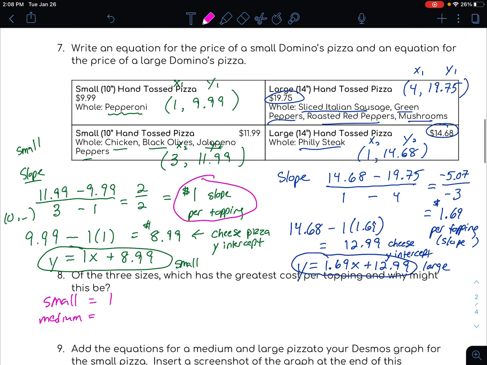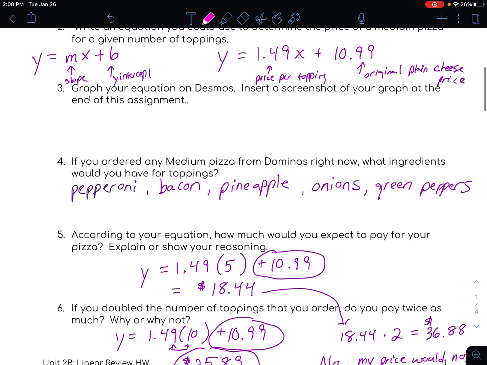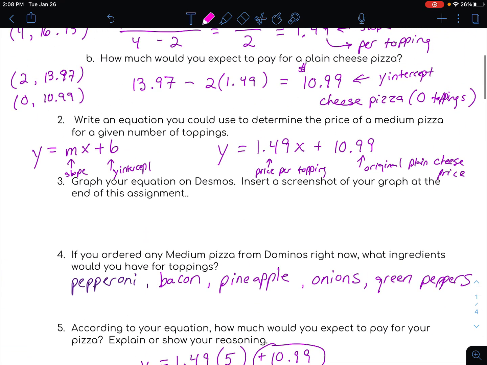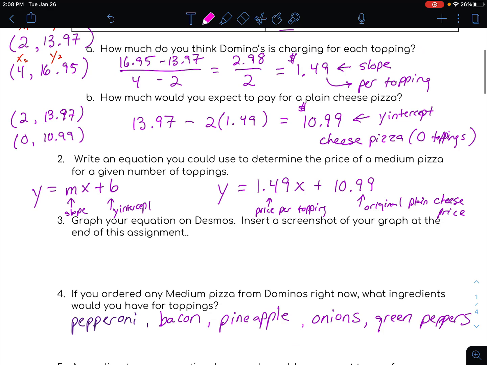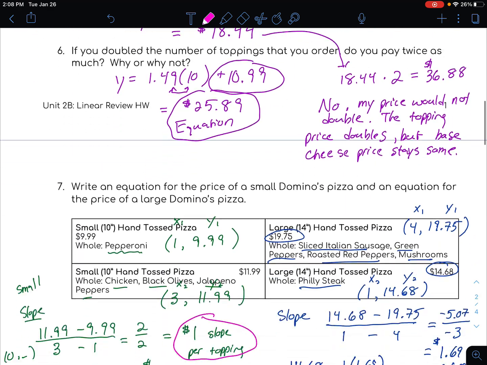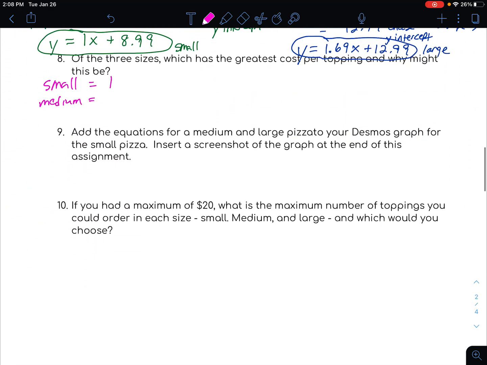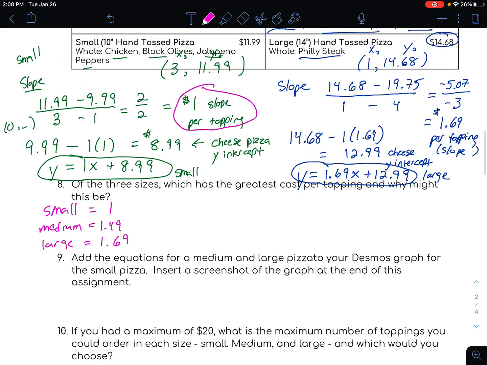And then the medium was the first one that we did. So that one back up here, remember, was $1.49 per topping. And then our large was $1.69 per topping. Right there. So which had the greatest cost per topping? The large at $1.69 per topping.